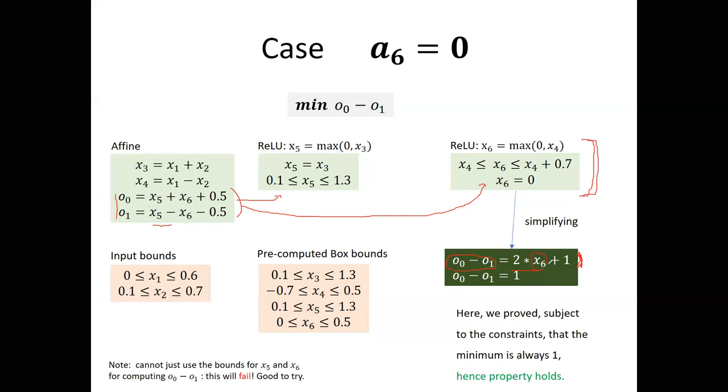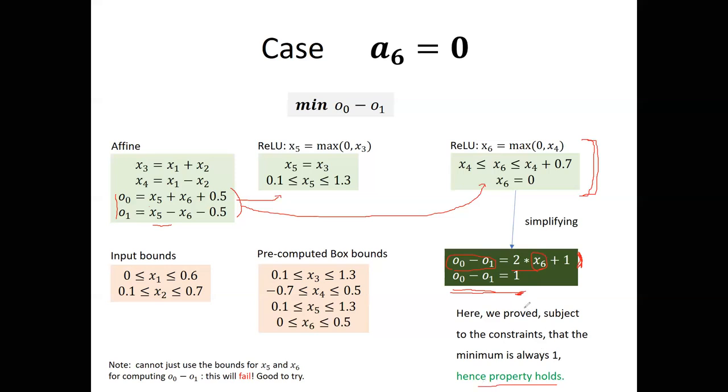You can look at the value of x6, and you know that x6 is 0. Because x6 is 0, O0 minus O1 is going to be equal to 1. And if O0 minus O1 is 1, provably so, then you have actually proved the minimum of this difference is always 1, no matter what. And so you have proven that the property holds.